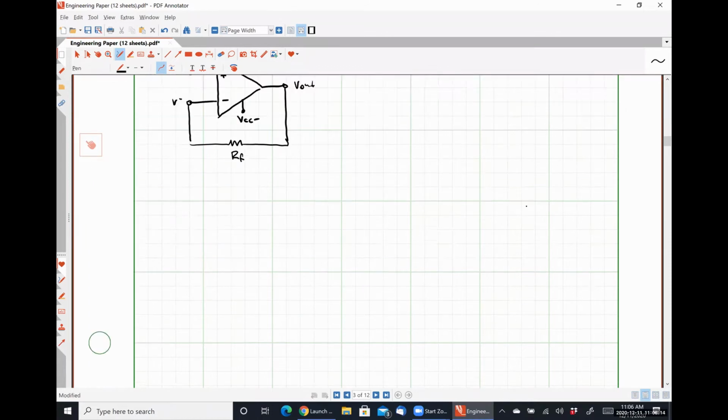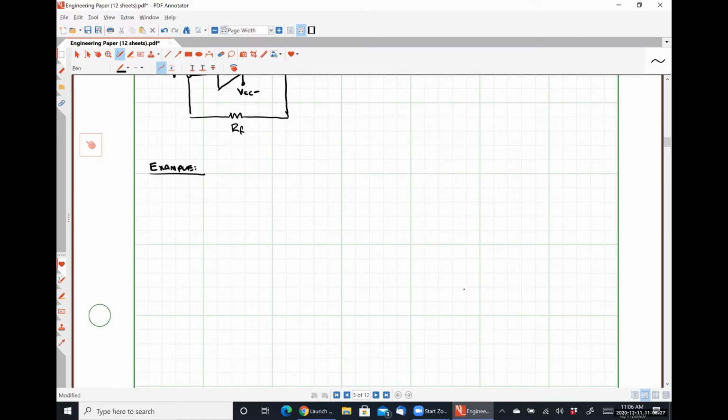So let's take a fairly straightforward circuit. VCC minus, so it's powered with whatever it needs to be on.